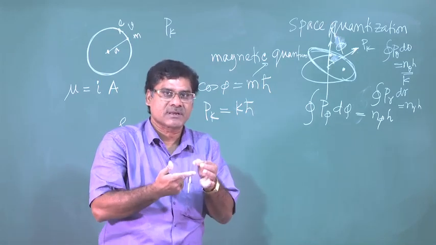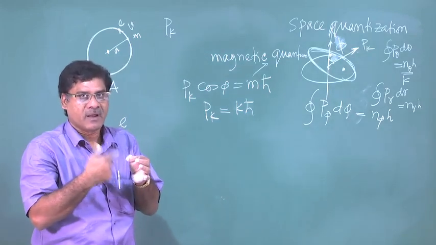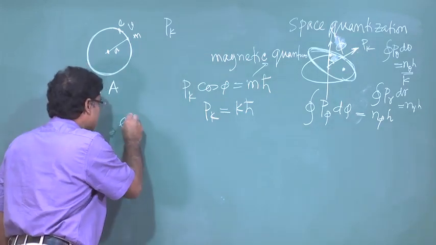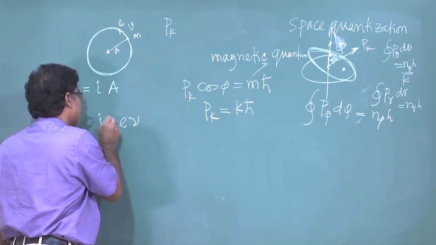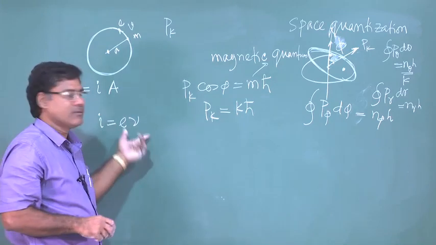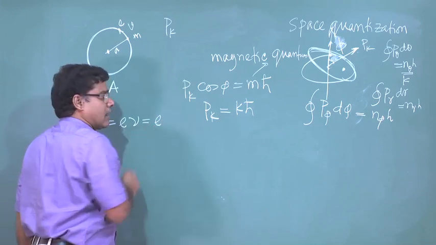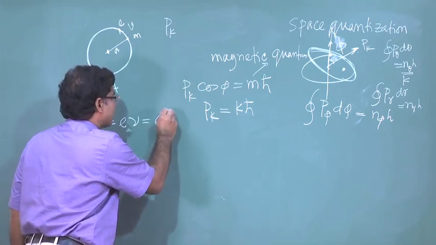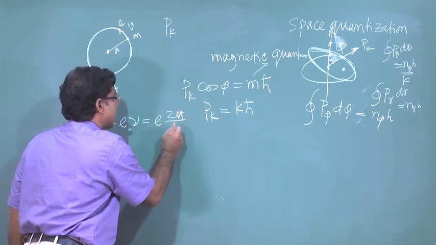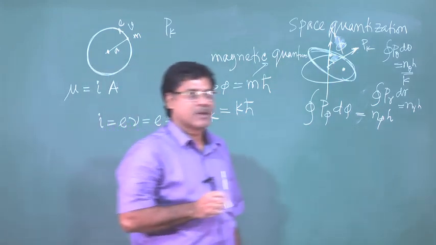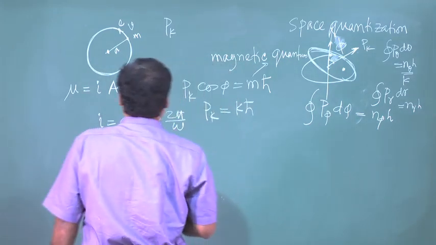So, total charge circulating per unit time will be e nu. So, that will be the current basically, I equal to e nu. So, nu equal to 2 pi by omega, angular frequency.